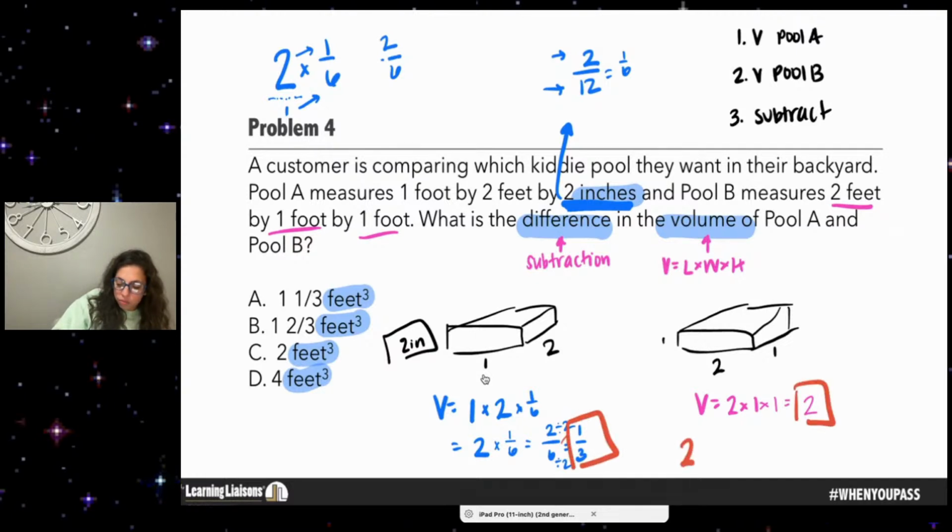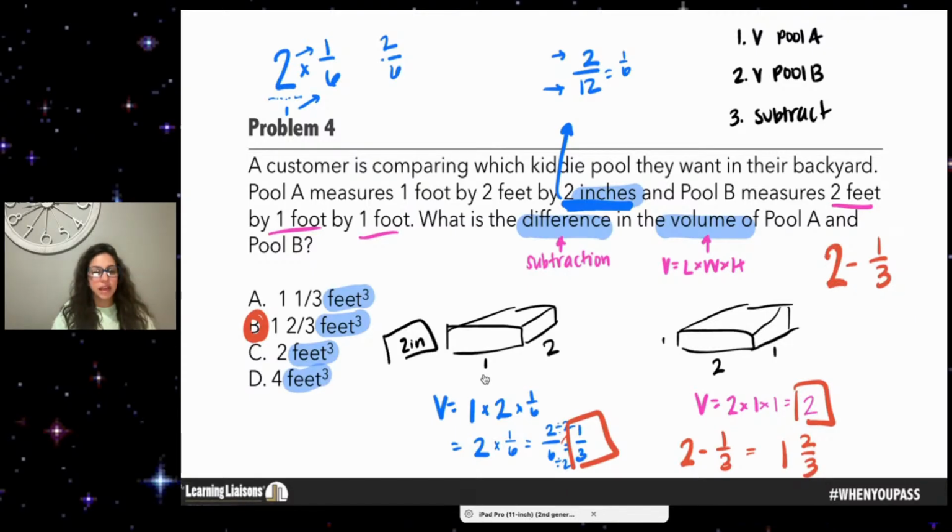So it equals 1/3. Now I can just subtract pool A and pool B. So 2 minus 1/3 equals 1 2/3. Now, if you're like, whoa, Amy, you moved way too fast on that. How did you get that? 2 minus 1/3. 2 is the same thing as how many thirds? Well, 3/3 equals 1 whole.